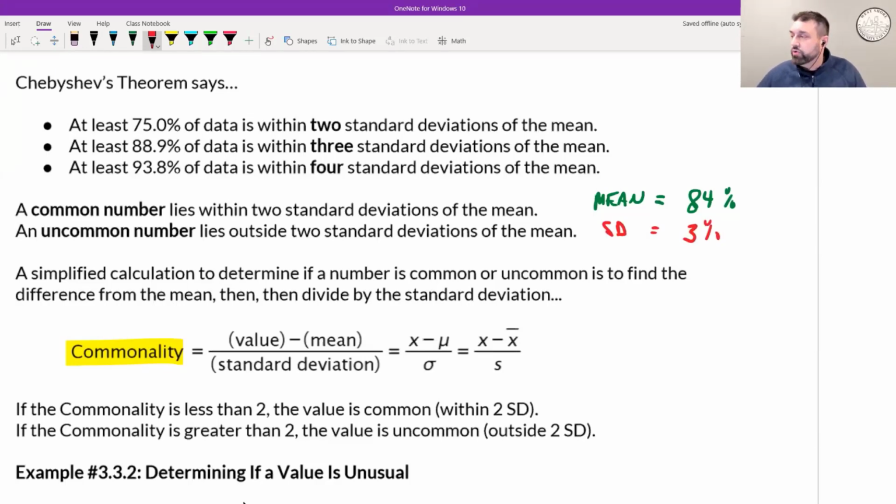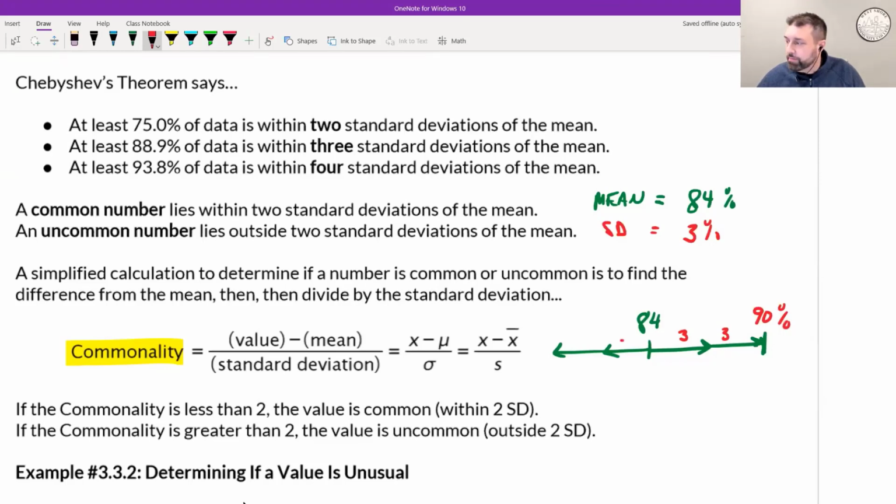Okay. So if I wanted to find the 2 standard deviations above and below the mean, I would start with my 84, right? This is Chebyshev's theorem. So I'd start at 84, and I would go 1, 2 standard deviations above the mean, and 1, 2 standard deviations below the mean. Now the standard deviation is 3. So 84 plus 6, this would be a 90%.